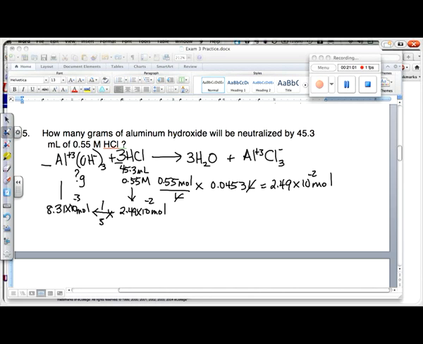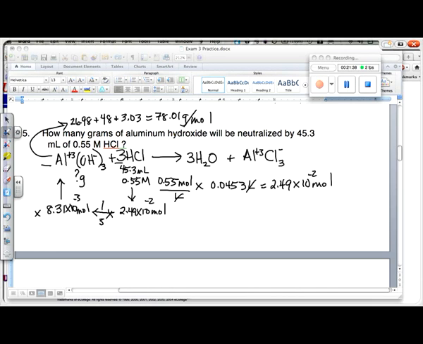And then I will convert to grams. So we have our box using the molar mass of aluminum hydroxide. So aluminum is 26.98 plus the 3 oxygens is 48 plus 3 hydrogens. So we have 78.01 is my molar mass.